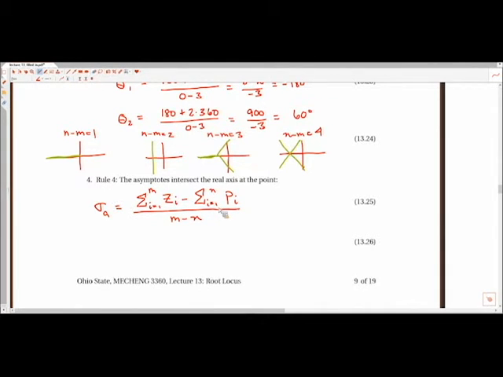Okay, so for this particular example, we have no zeros, so the first summation term will be equal to 0, nothing there. And then we have poles at 0, and then -4 plus or minus 4i.